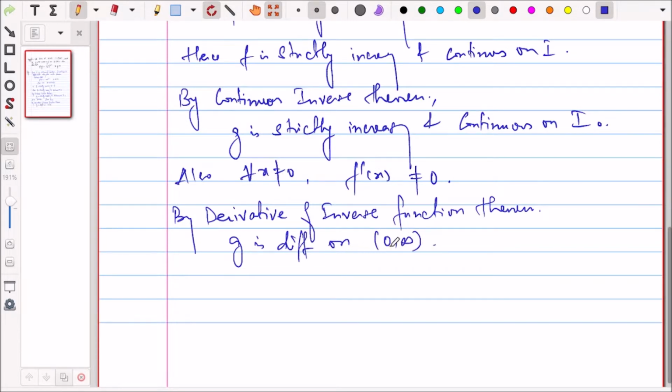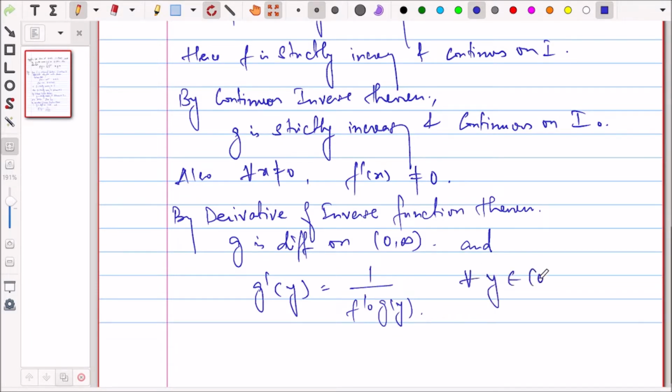So g is differentiable on (0, infinity) and g'(y) is equal to 1 by f'(g(y)) for all y belonging to (0, infinity). Is it fine?